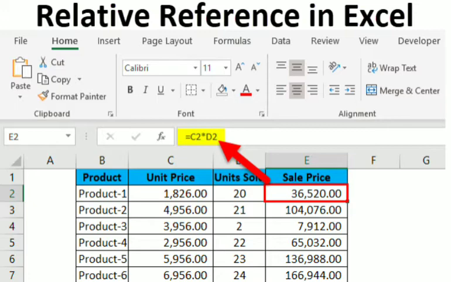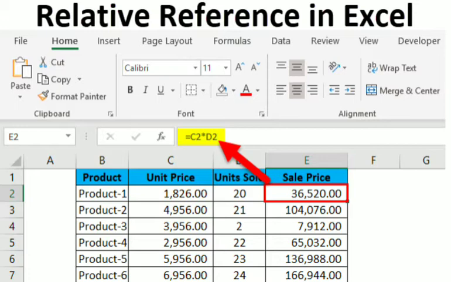So the formula will be C2 multiplied by D2, because C2 is the unit price of product 1 and D2 is the number of units sold. So 1826 will be multiplied by 20, and we get 36,520. That is the value of the sale price. To find the sale price, we used C2 multiplied by D2.